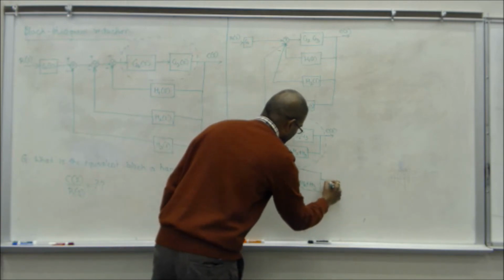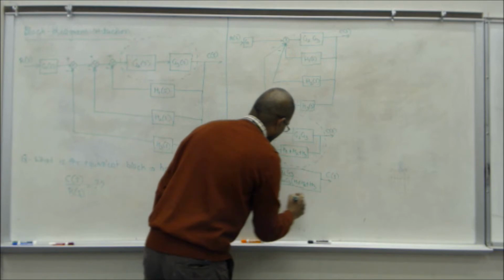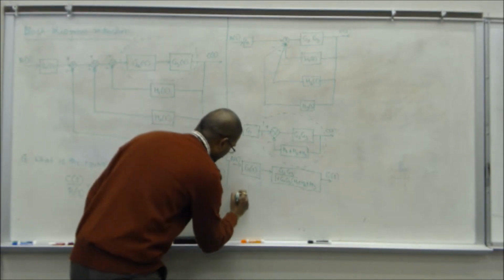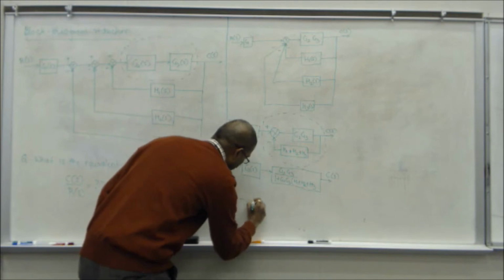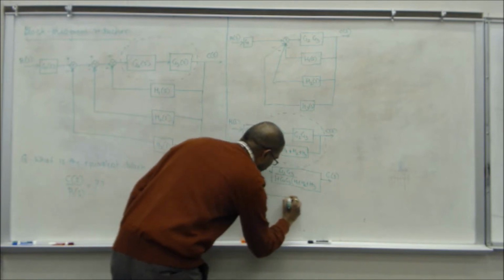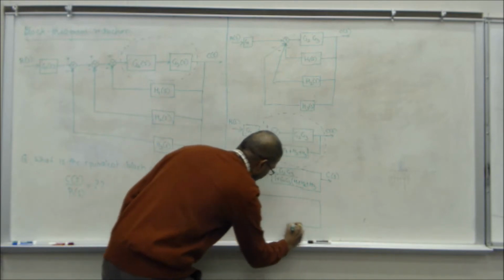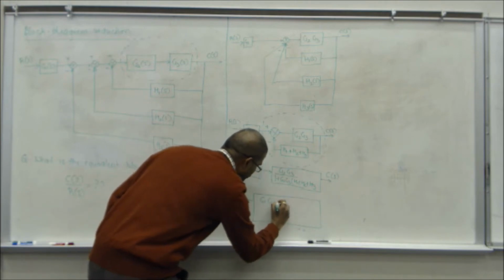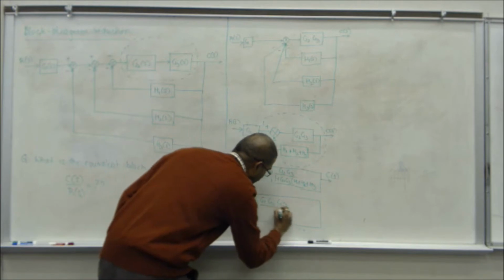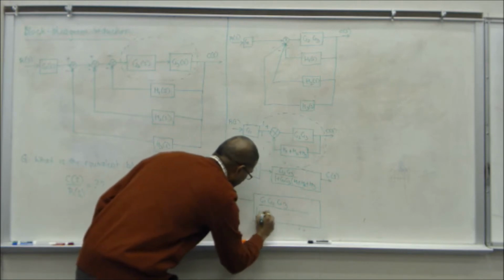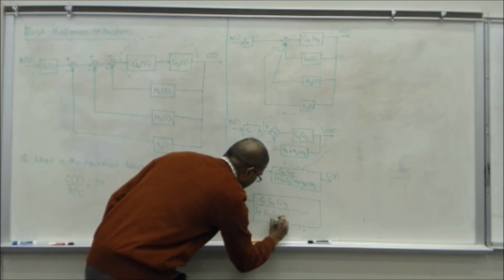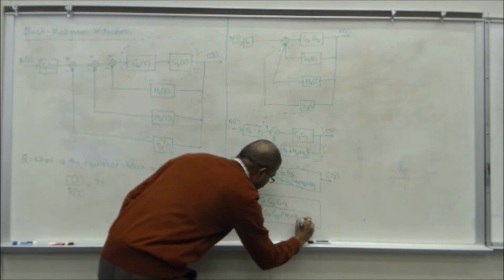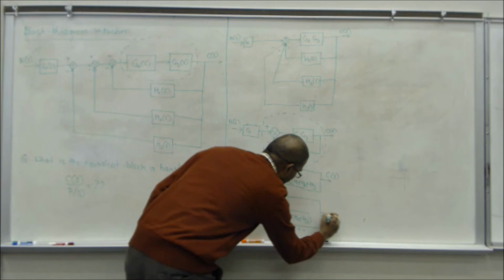And finally, if you combine this, you're going to have one equivalent block, which is G1, G2, G3 over 1 plus G2, G3 into H1 plus H2 plus H3.